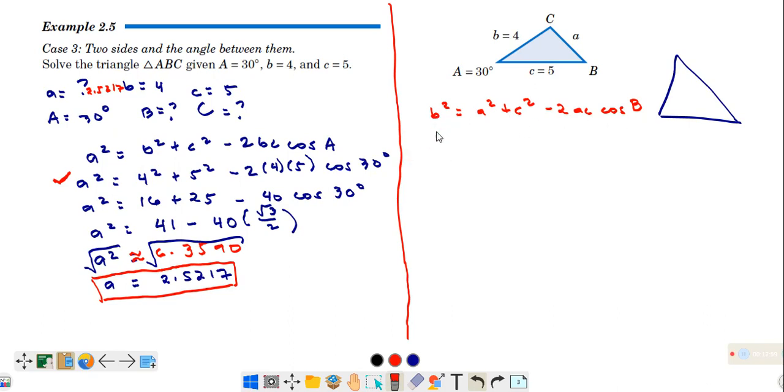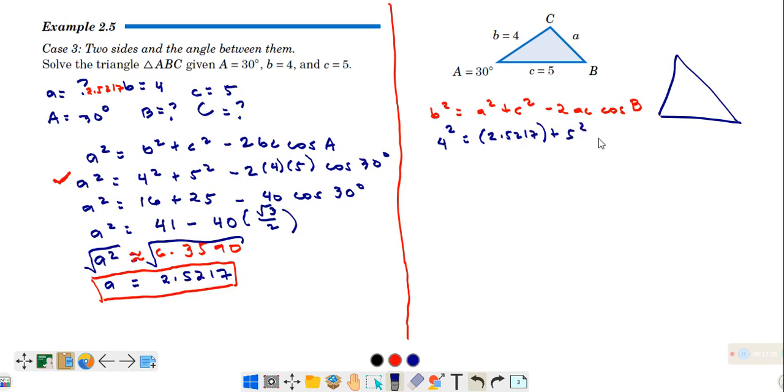So, dito si b squared. Substitute natin. Meron tayong 4 squared, which is equal to a squared. Ang a natin, alam na natin siya kanina na 2.5217 or 6.3590. Pero lagay ko na lang muna dito ay 2.5217 plus c. Si c ay 5.